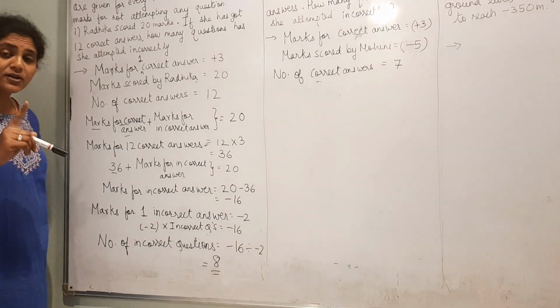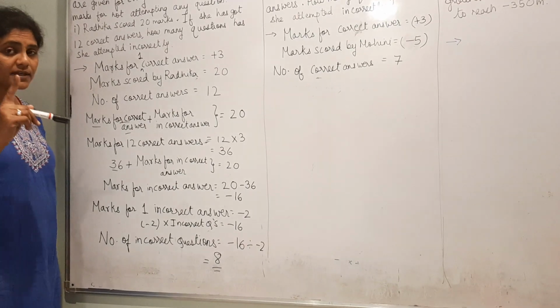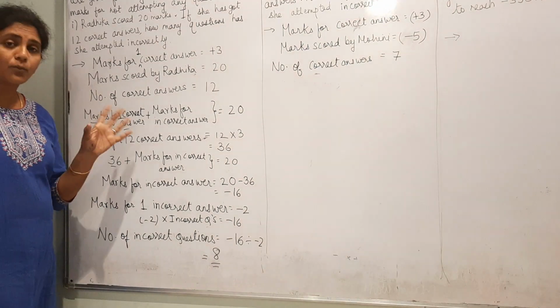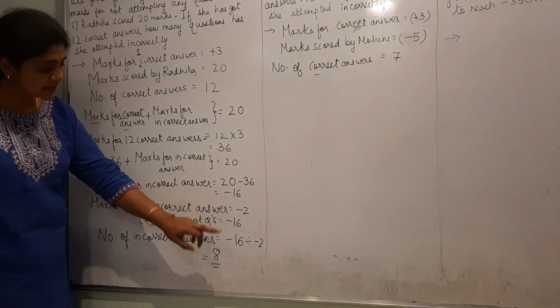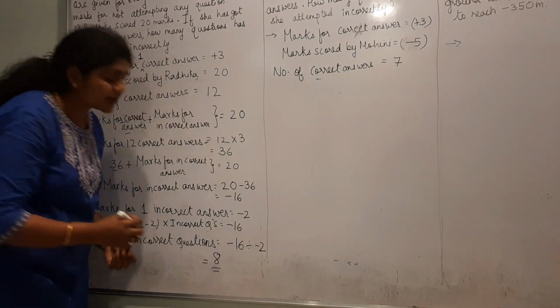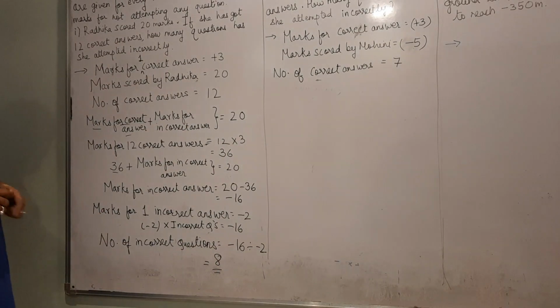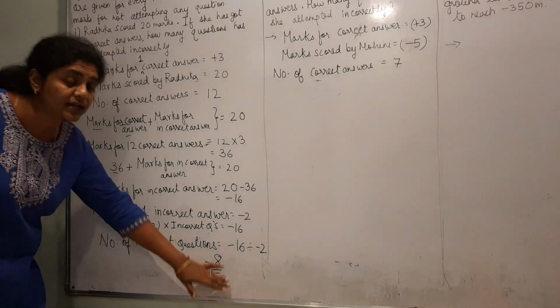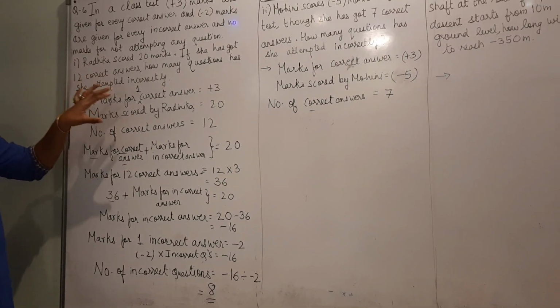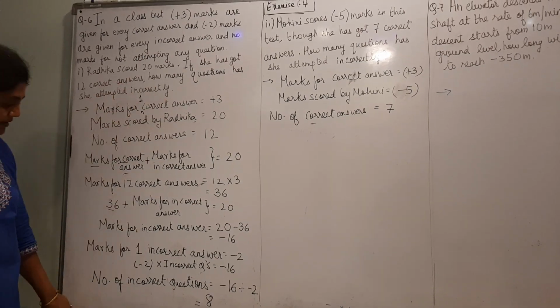Now for one question it is -2. So for -16 it will be how much? So -16 divided by -2, that is 8. So final statement you have to write: number of questions she attempted incorrectly is 8.